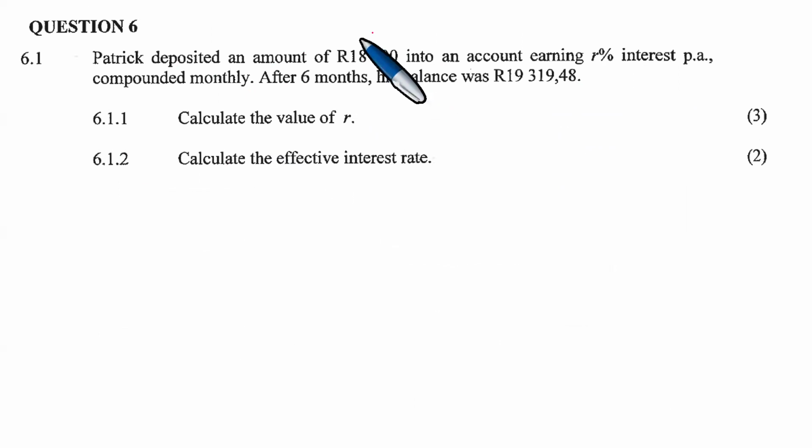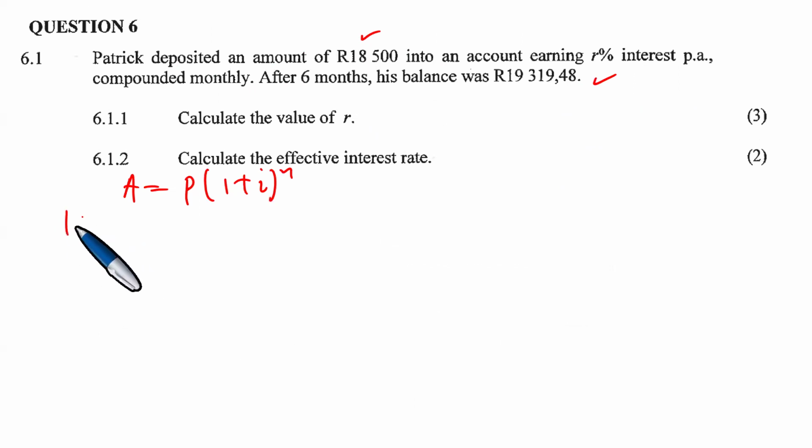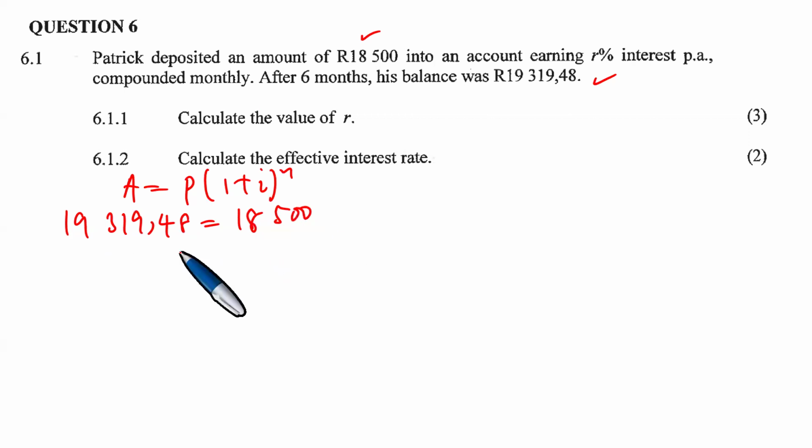Obviously, you can see that from 18,000 to 19,000, it's actually an increase. So we're going to use the appreciation formula, which is 1 plus i to the power n. Which means that you have 19,319.48, which equals 18,500 times 1 plus r over 12 times 100, because it's 8% interest compounded monthly.